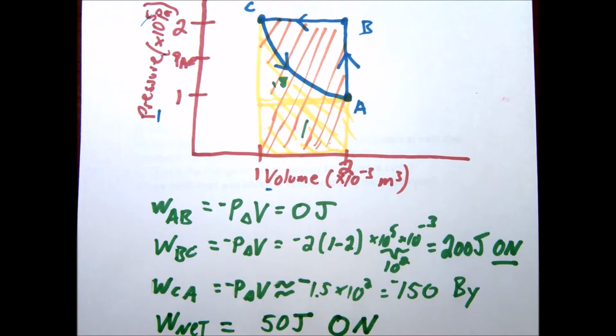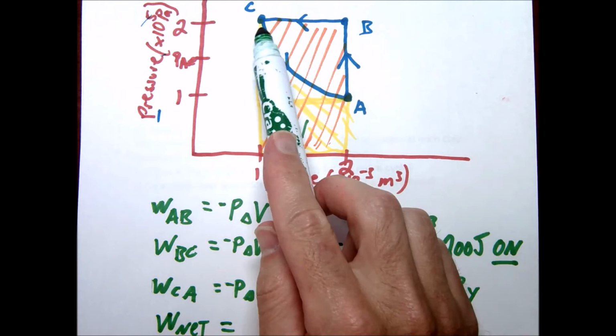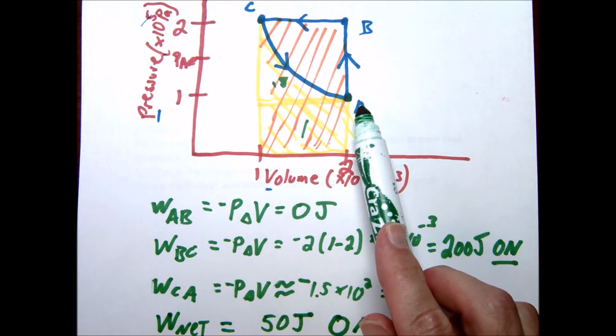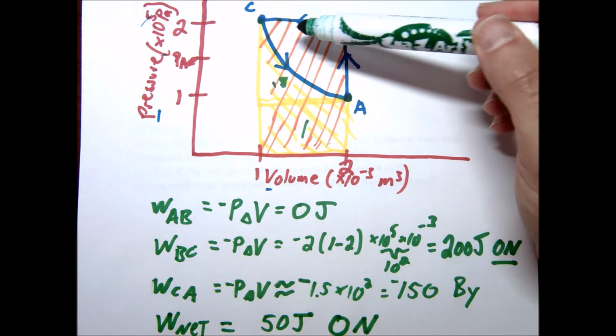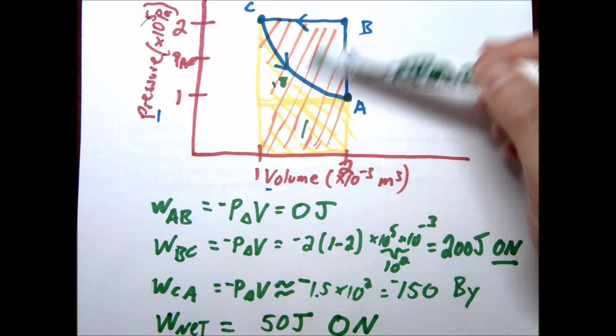So notice the net work for this entire process, there was more work done on the system than there was done by the system. So in the end, the net work is going to be done on the system. One last thing I do want you to notice, what we did is we took this orange area here, right?